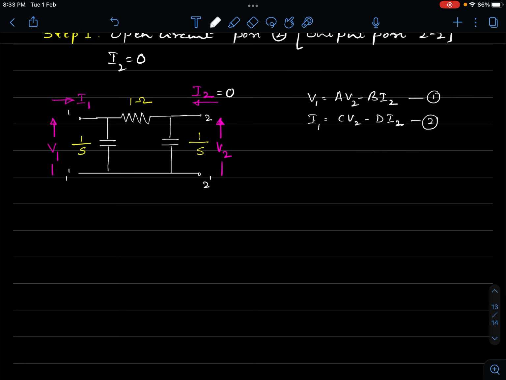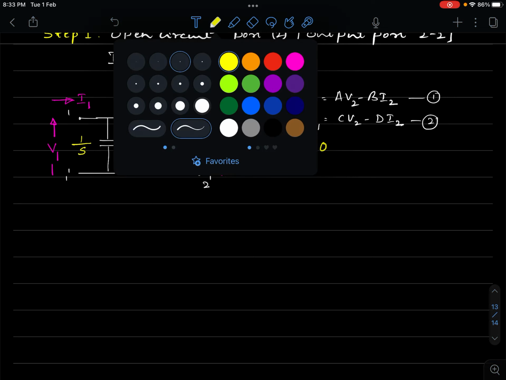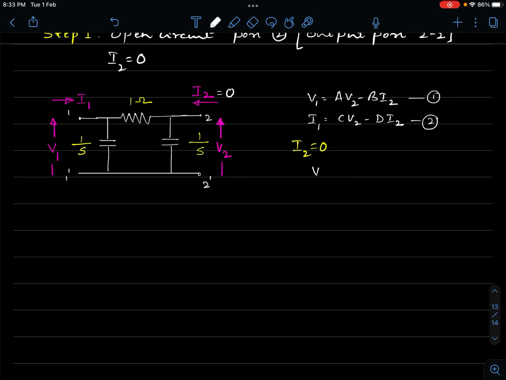Now, what is our condition? Our condition is I2 made 0. So what will happen to equation 1? My equation 1 would be V1 equal to AV2, because I2 is 0, BI2 would vanish, which will result in A being equal to V1 by V2. And this is obtained with this condition. This is from equation 1.